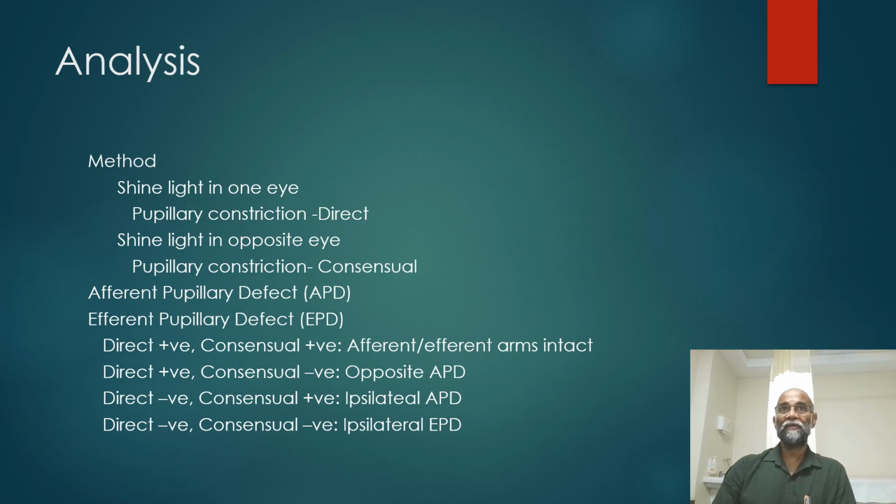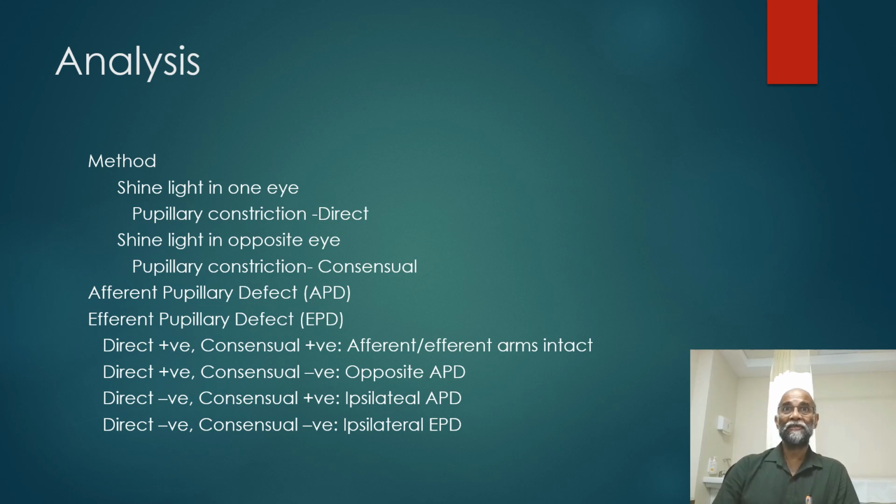If the direct reflex is positive, but the consensual reflex is negative, that is, light shone in the opposite eye does not produce pupillary constriction in the same eye, it only implies that the opposite side optic nerve is not conducting. There is an afferent pupillary defect on the opposite side.